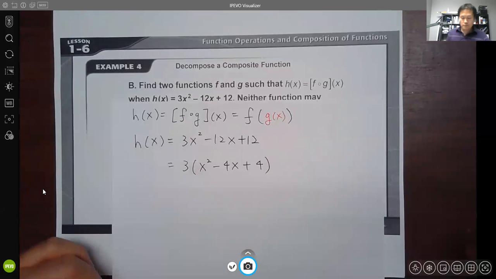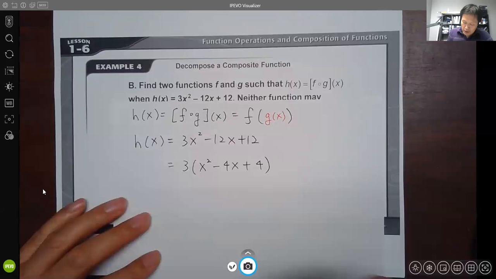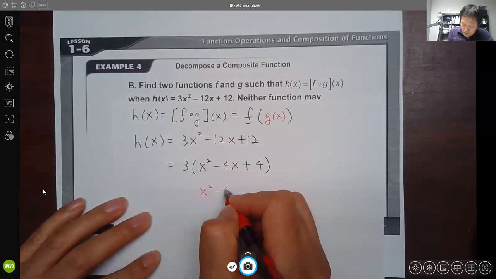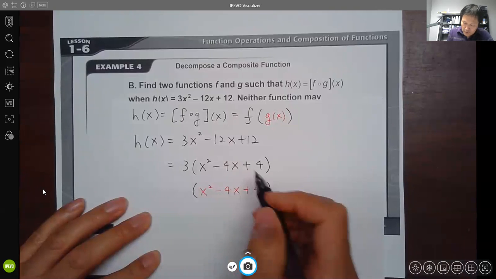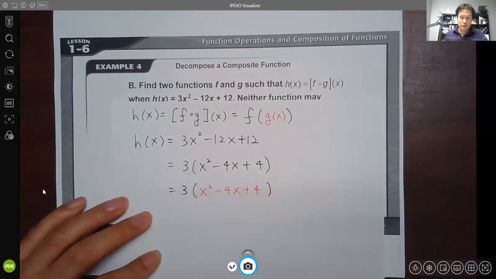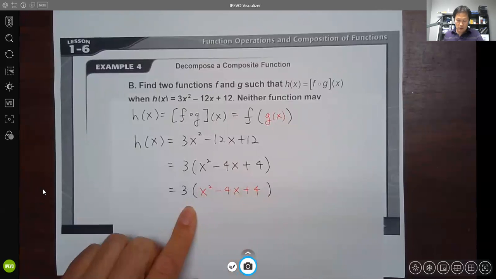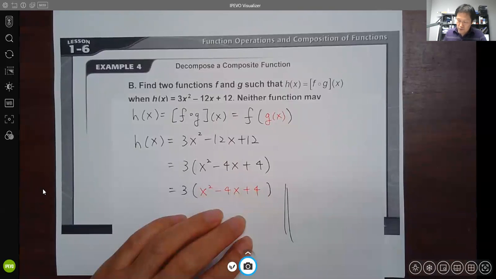Okay. Right then, I can decompose right here because I can consider that x squared minus 4x plus 4 as g of x. Okay, so right here I can decompose.